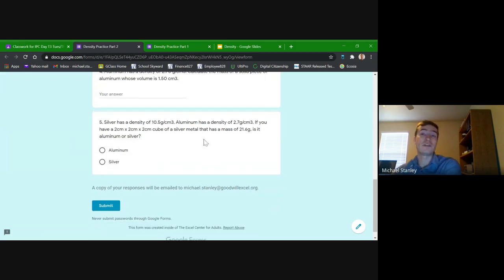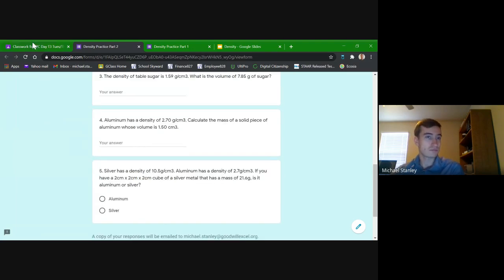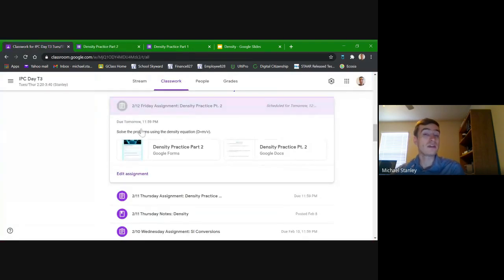Instead of just telling me what the density is, I want you to tell me, is this metal cube most likely aluminum or most likely silver? So that is the assignment that'll be going up tomorrow for your Friday daily assignment.